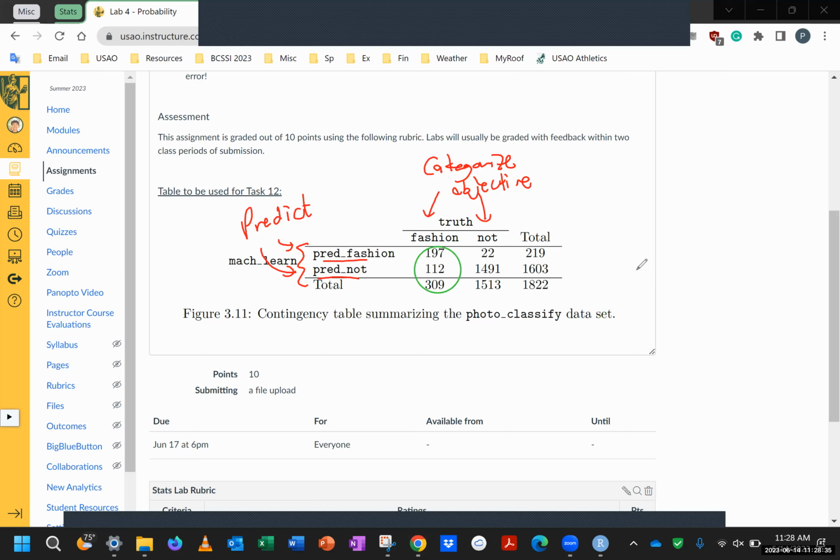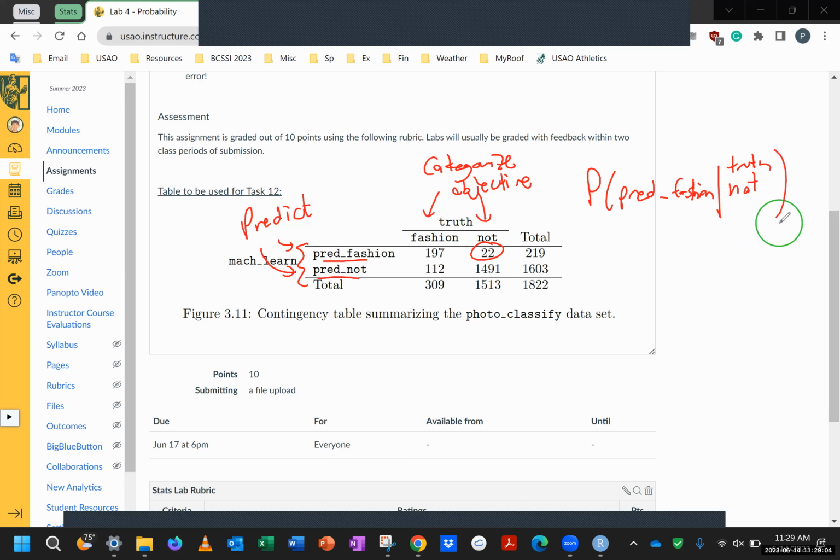Okay, so here's our table, and we can find things like what is the probability of predicting fashion given the truth is not about fashion. That would be a mistake, right? If it predicts fashion and the truth is not about fashion, we want to know what's the probability of that happening.